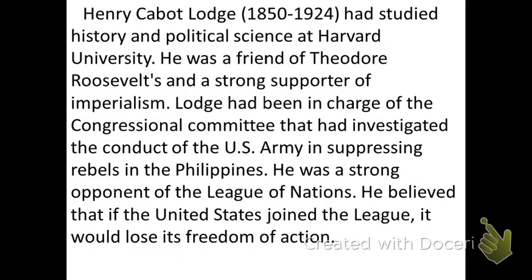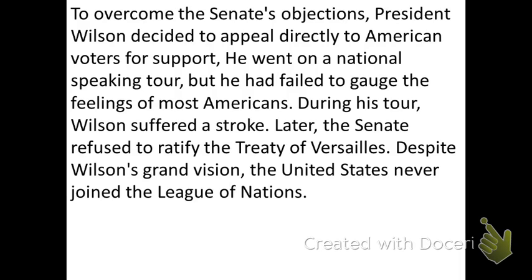Let's move on to the next one. We only have a few more to go. To overcome the Senate's objections, President Wilson decided to appeal directly to the American voters for support. So, Wilson went directly to the American public for support.